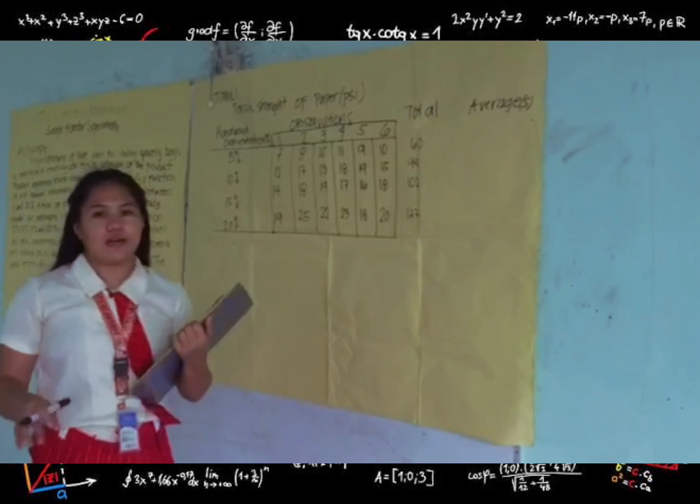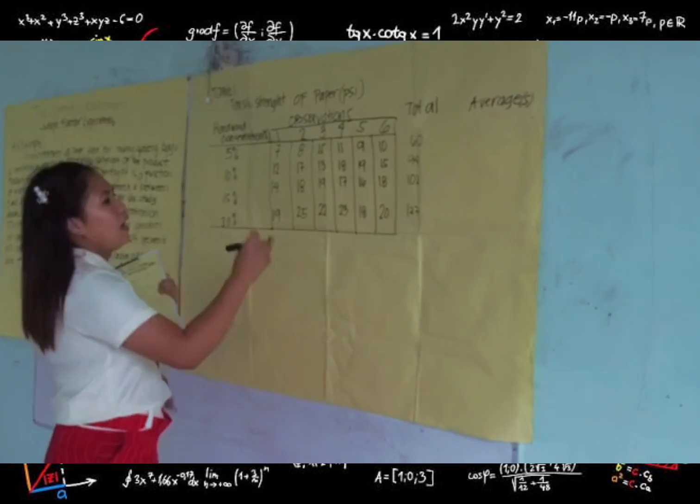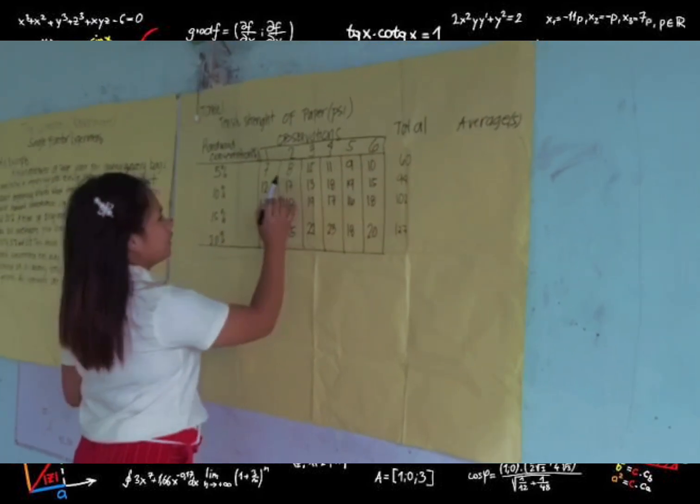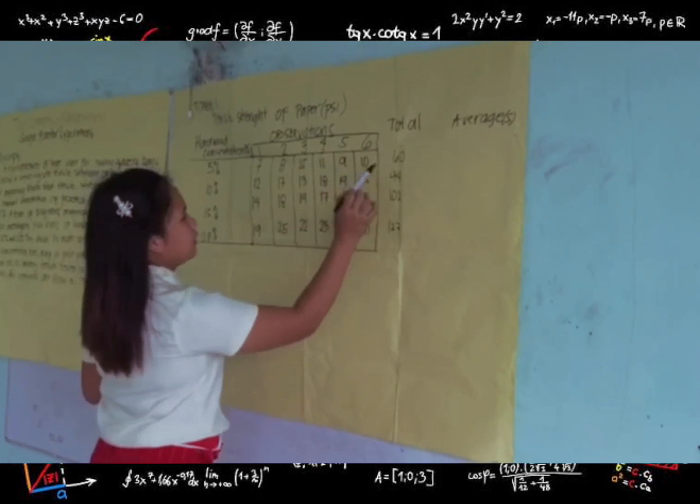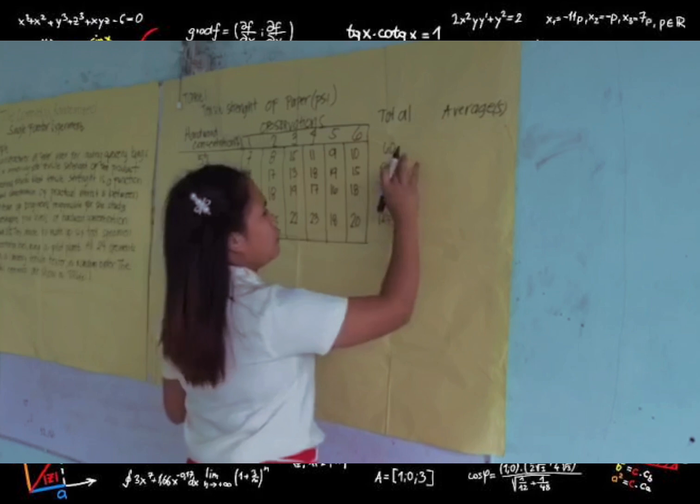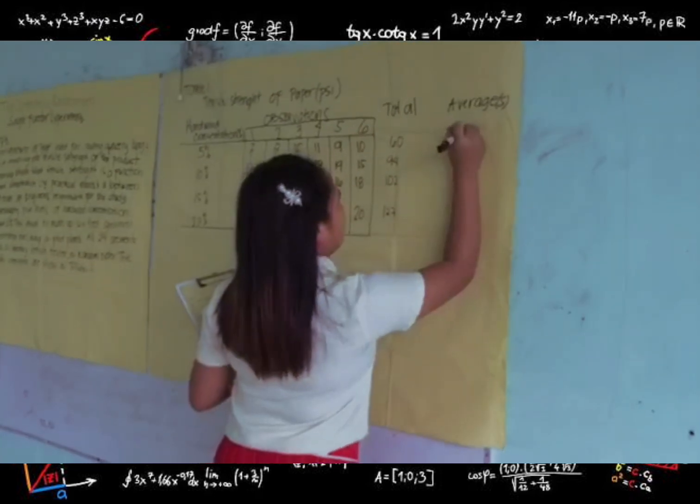To solve for the averages, 60 divided by the number of observations, which is 1, 2, 3, 4, 5, 6, is 6. 60 divided by 6 is 10.